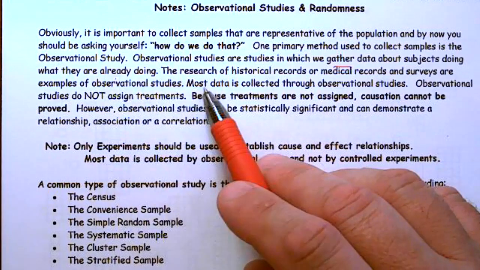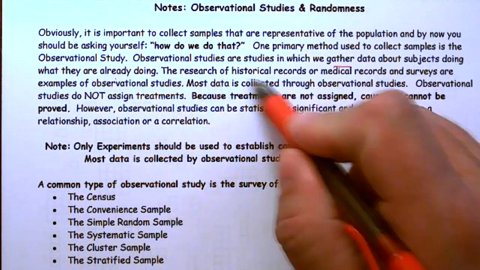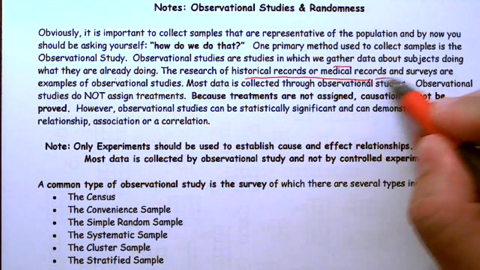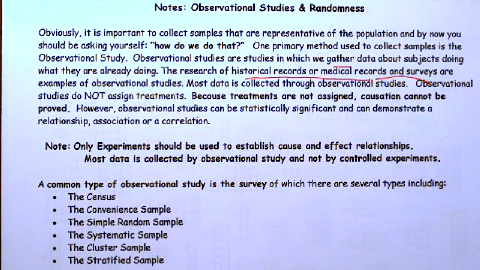Historical records, medical records, and surveys are all examples of observational data. So almost everything we do as far as sampling is through observational studies. Again, that's historical records, medical records, surveys, or observing people doing what they already do.